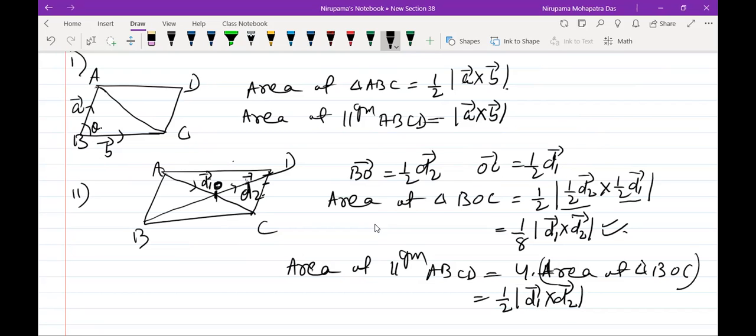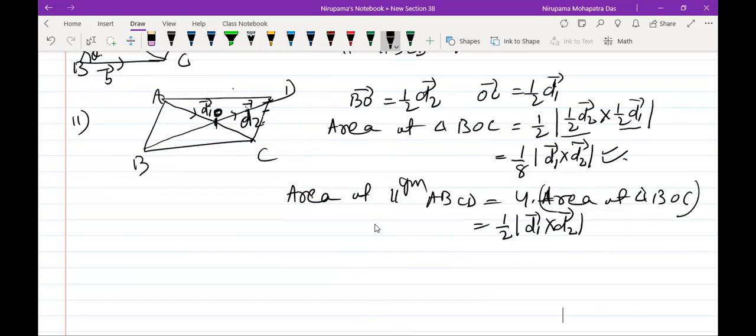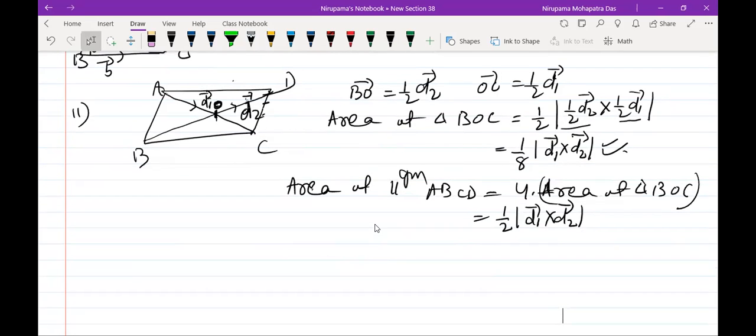Here, not to be confused, because whenever you are given area of the parallelogram, either you will be given 2 adjacent sides or you will be given 2 diagonals. So please read the question carefully.